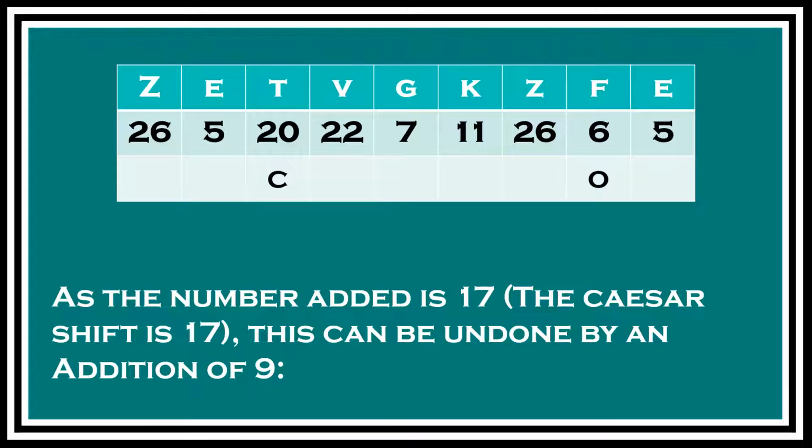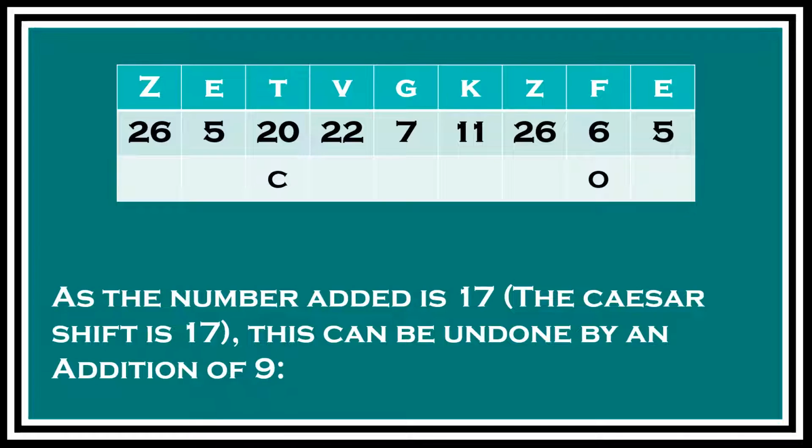Now, in the first row of numbers, we've replaced each letter with the position in the alphabet. So Z is the 26th letter of the alphabet, E is the 5th letter of the alphabet, and so on, to get the first row of numbers that we will need to decode the message.